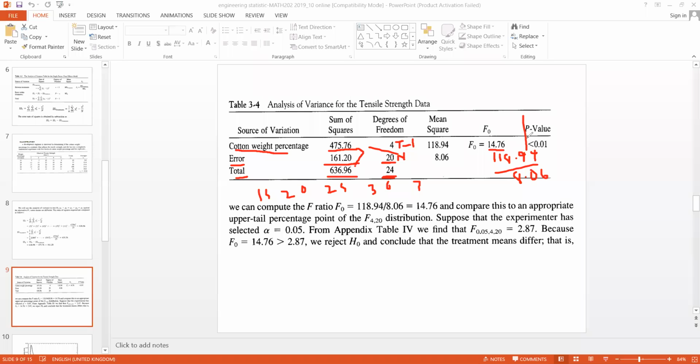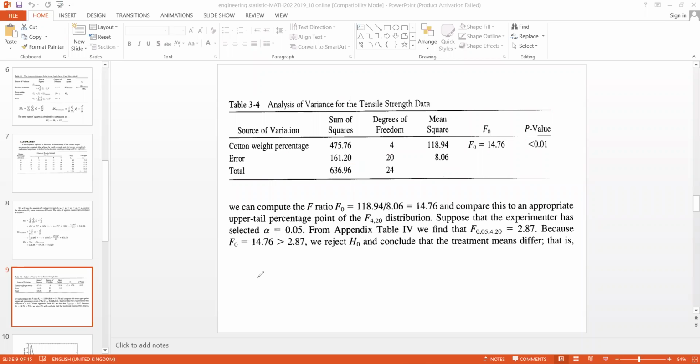Then this p-value, there is a way to compute it, but like we said, we are employing the critical value approach. So we're still going to stick with the critical value approach in deciding on the rejection region. So what next?